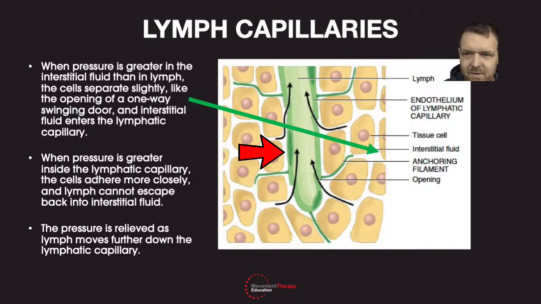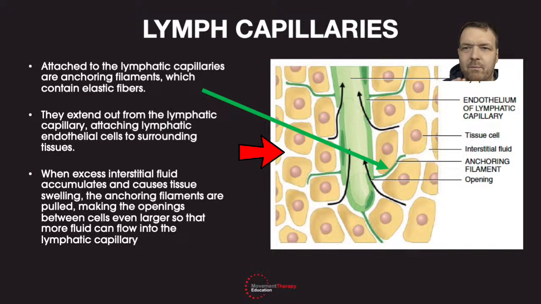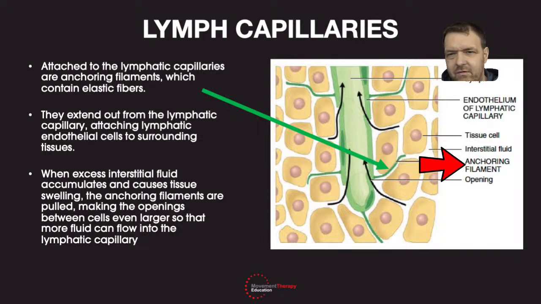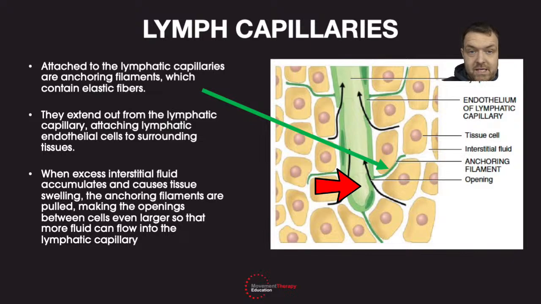So that's your lymphatic capillaries. And we were talking about the anchors that anchor the capillaries to the surrounding tissue. So we've got this anchor filament here, and this closes and opens up the valves depending on the amount of fluid around it.